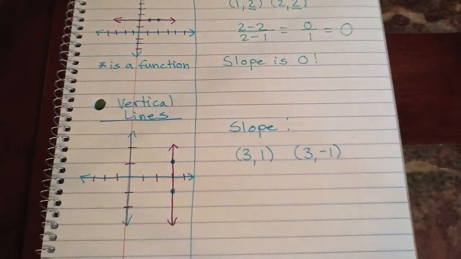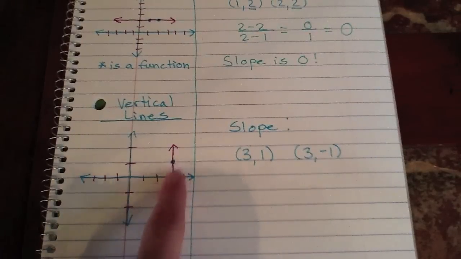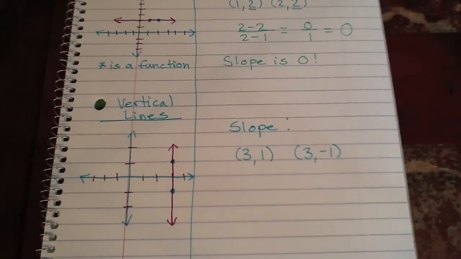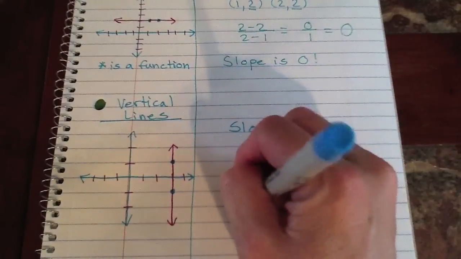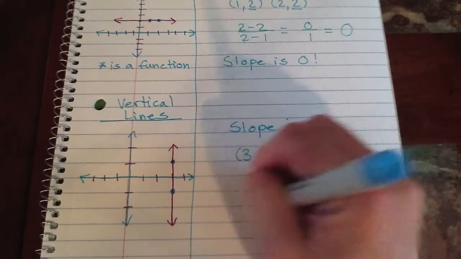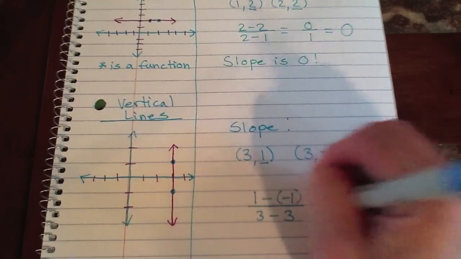Remember, it does not matter which points you're going to pick as long as they're on the graph. So I underline my y's, and I get 1 minus negative 1 over 3 minus 3.